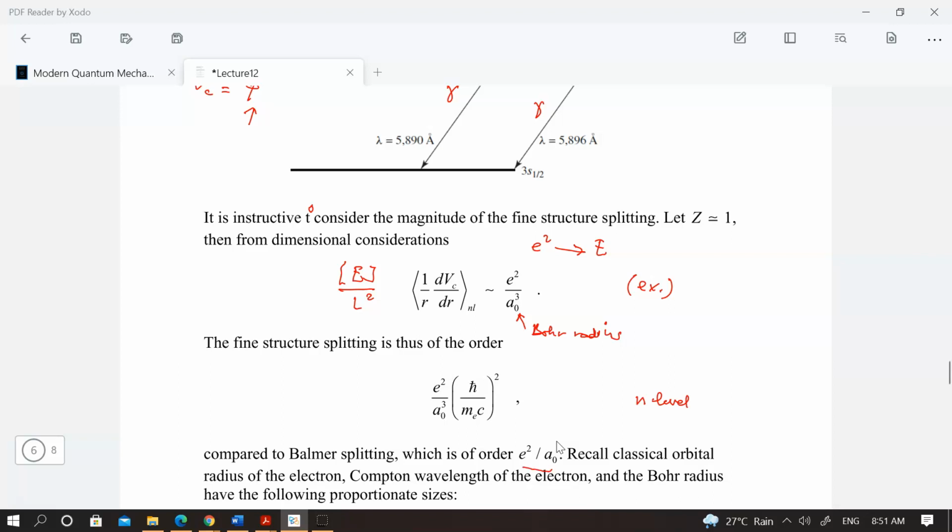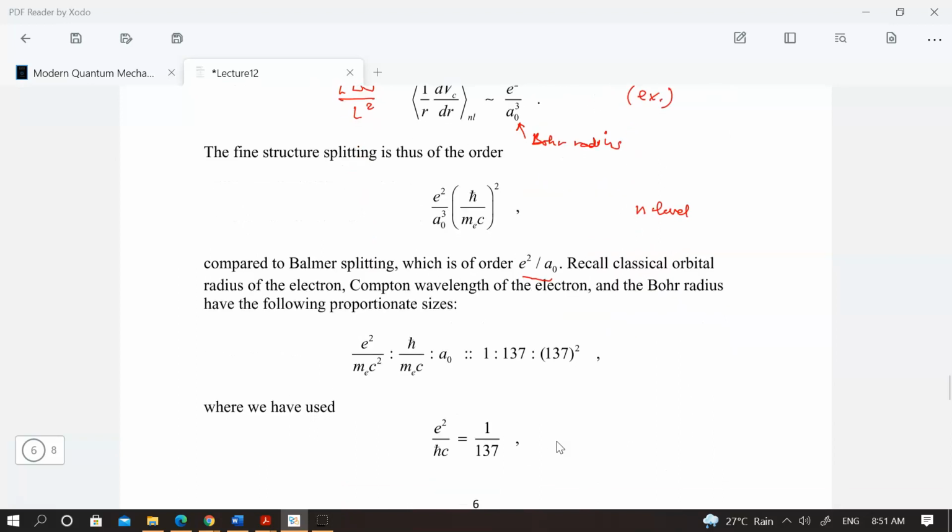Okay. So making comparison between different scales, you can see over here there is this e squared over m e c squared. You make comparison with other things, which is coming from the Compton wavelength and the Bohr radius. So you make comparison between the scales. The scale is in terms of this ratio here.